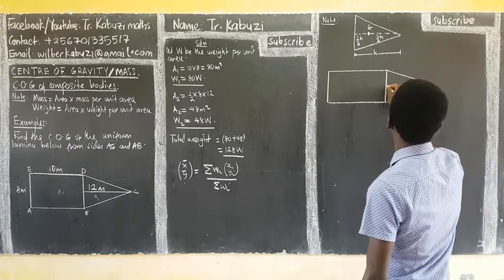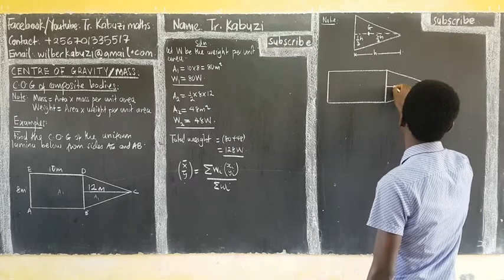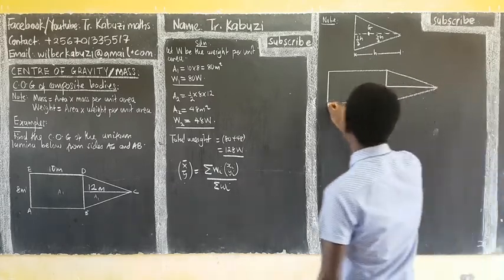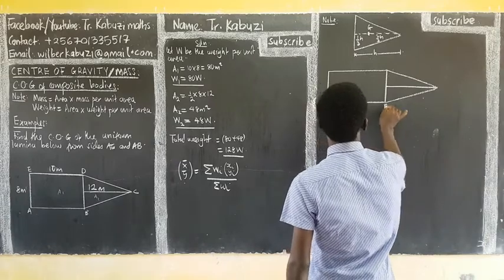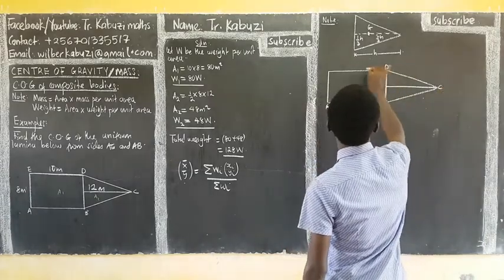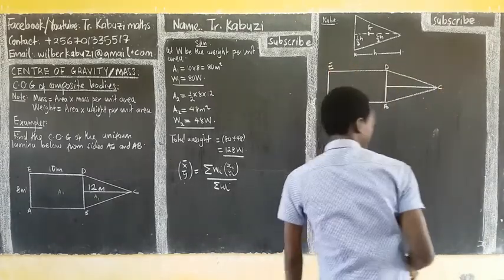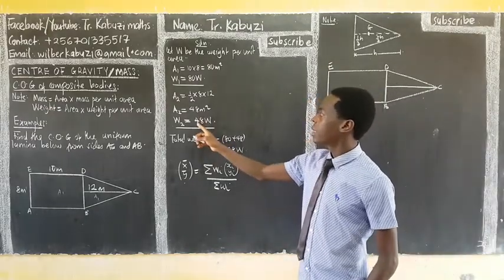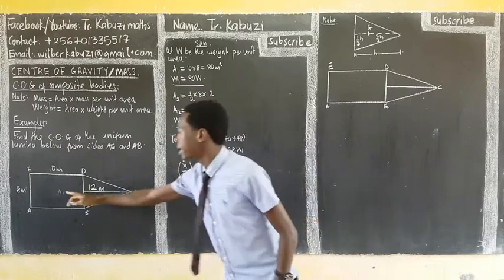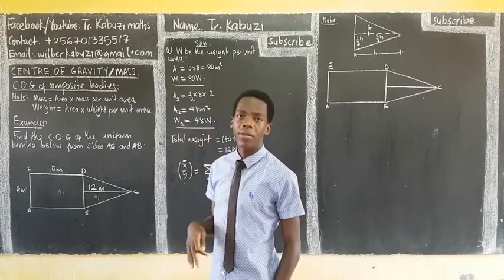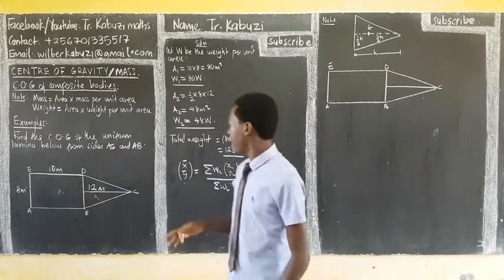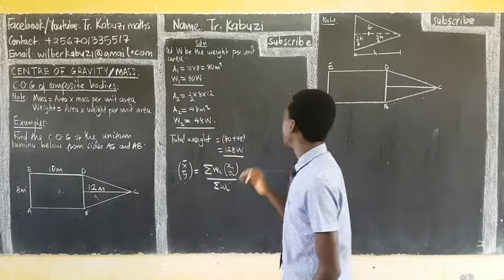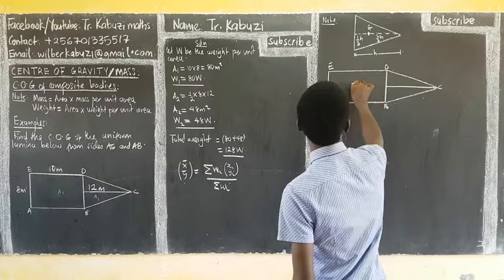So this is our height, which is 12 units. So A, B, C, D, E. Now, in this formula we have the weights, but you know that the weights of these two laminas act where their center of gravity is. And in this formula, we have the weights, but with their coordinates. So what we do, we get the coordinates.